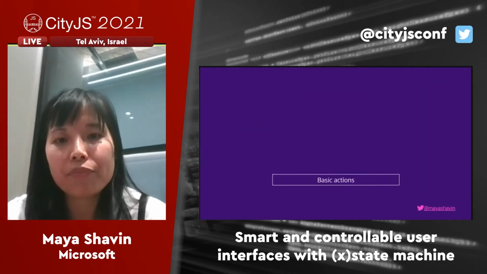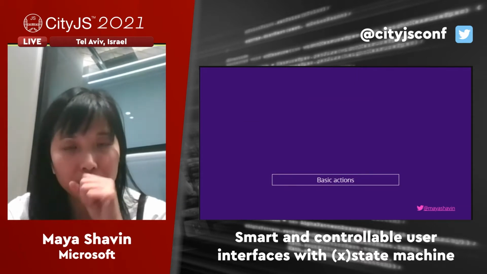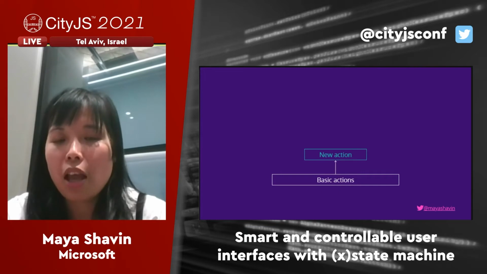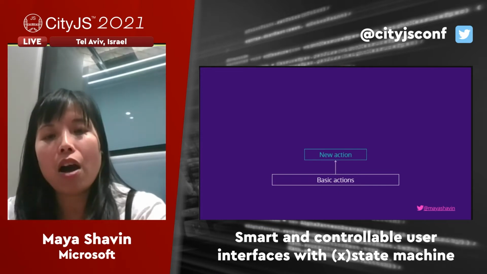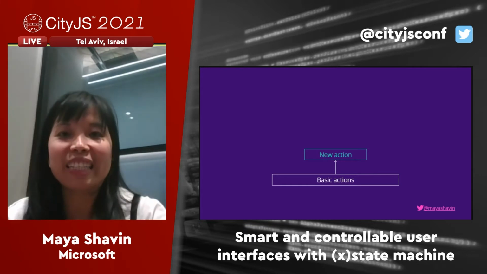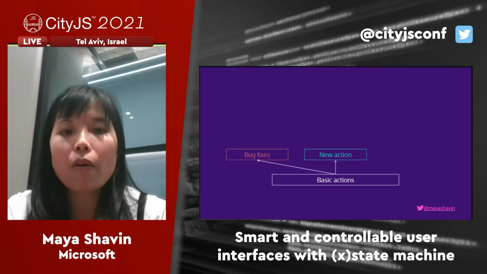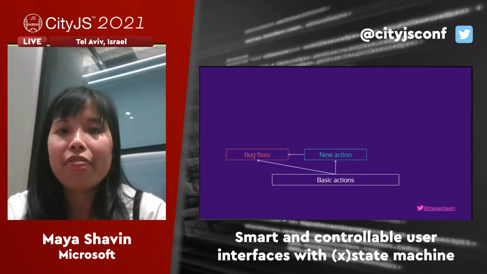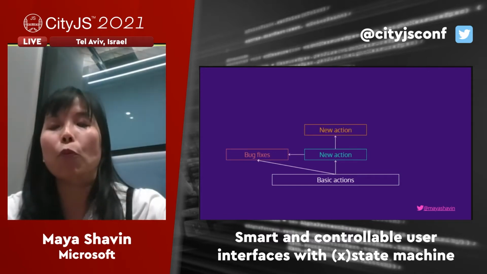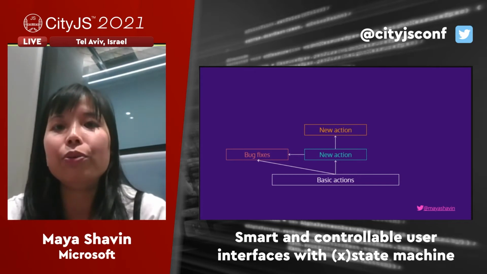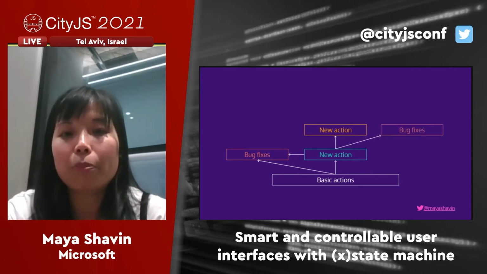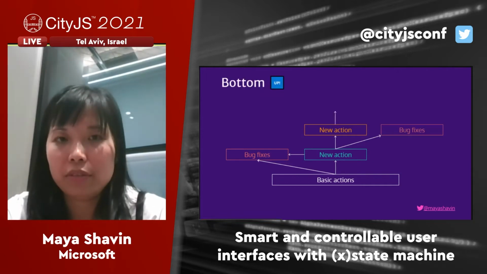We call it a bottom-up approach, where from the basic action, we add another new action, another layer, another wrap around the set of basic actions of the component, with more bug fixes, new actions. And then from there, we add another new action whenever we get a new feature request, new bugs need to be fixed, and so on.